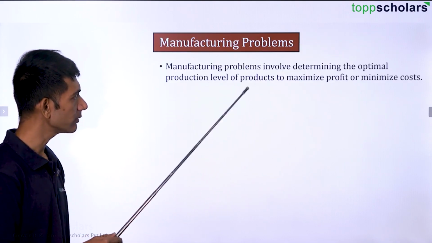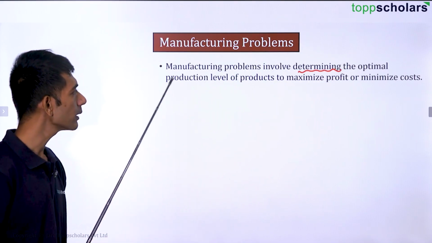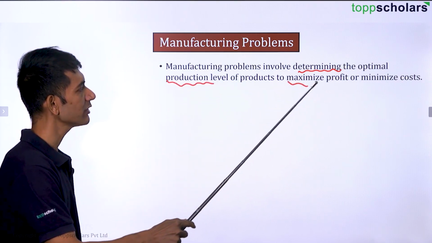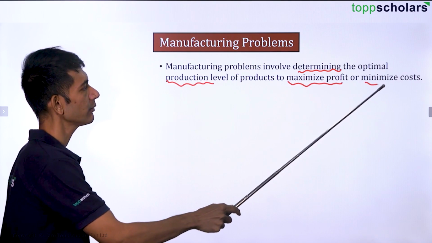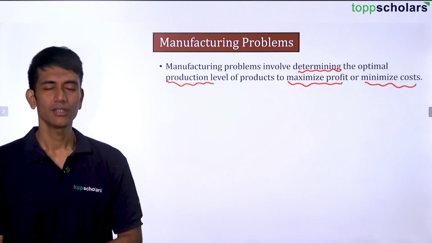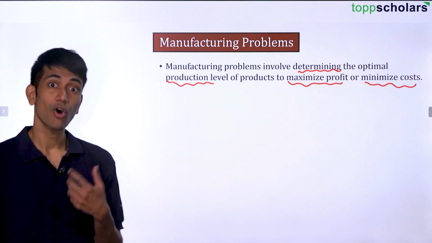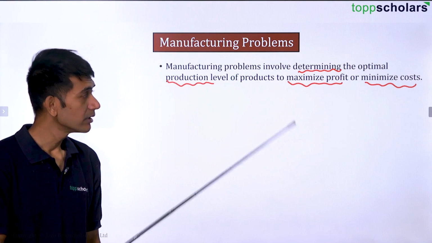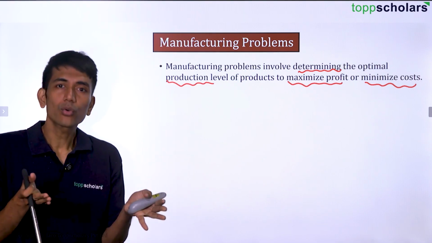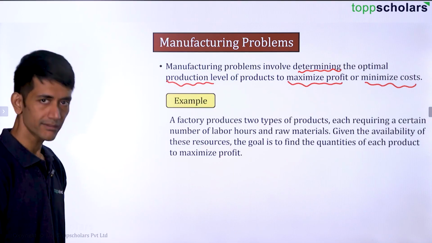Manufacturing problems involve determining the optimal production levels of products to maximize profit or to minimize cost. Whenever we are talking about manufacturing problems, the goal, or the objective, is nothing but to either maximize profit, you want more money, or reduce the cost. Either of these two.